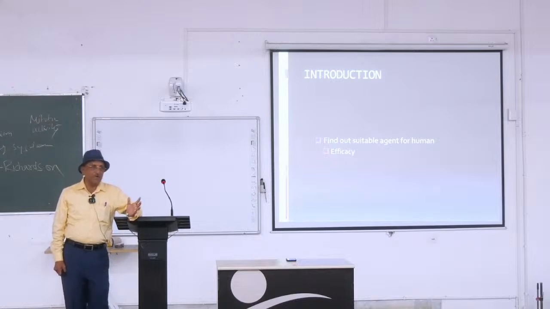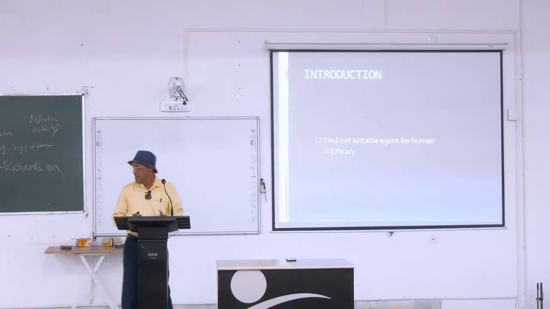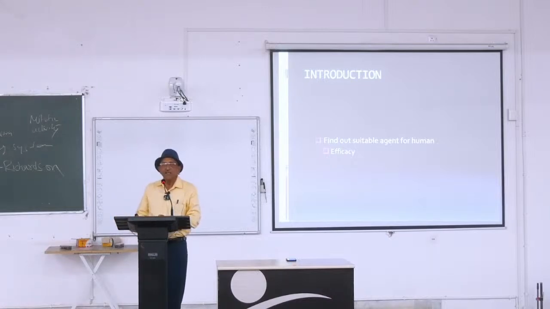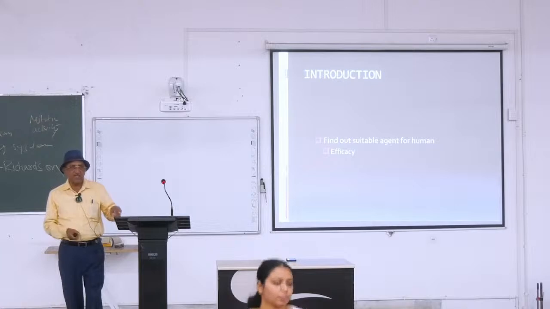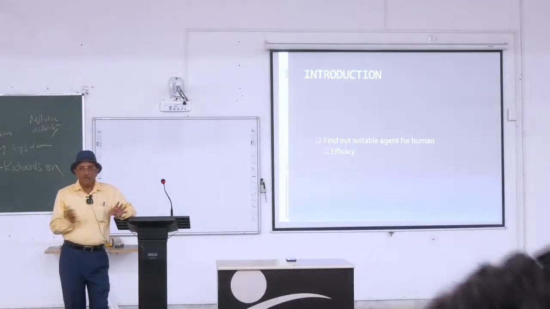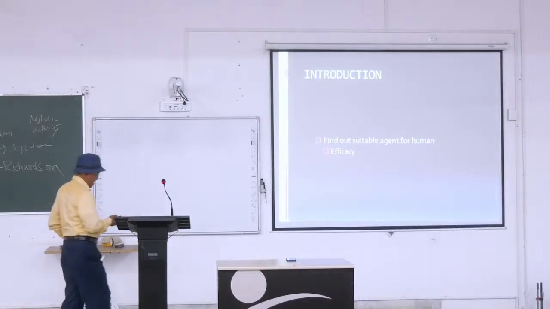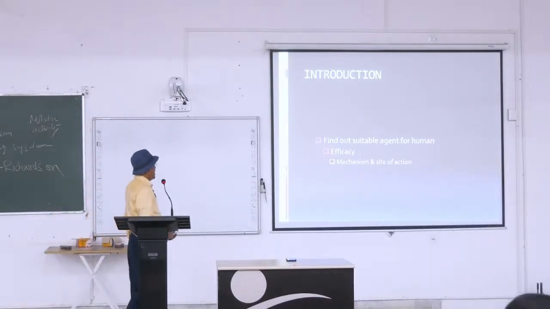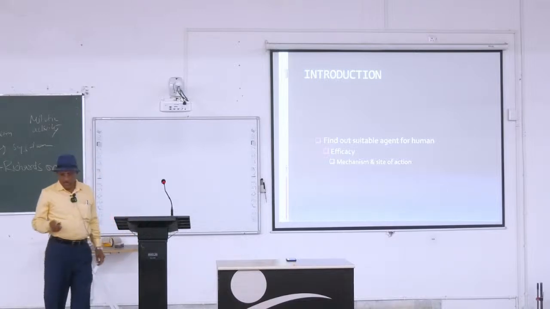When an agent has been found to possess some important effect, the drug is not directly administered to the human being. Before that, you have to go through screening of these drugs on certain animals, and also for mechanism and site of action, efficacy, and also the toxicity.